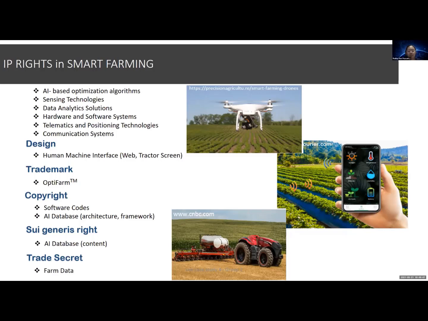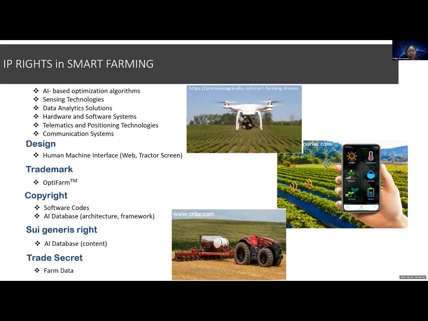So a digital instrumentation system can be developed to display, collect, and store desirable tractor performance parameters. So we could see a touch screen, for example, a user-friendly HMI-assisted data unit displayed on tractor screens or webs. Then we can also have trademarks like OptiFarm, for example, to highlight that our technologies are optimized, which means they give superior performance and benefits to farmers.